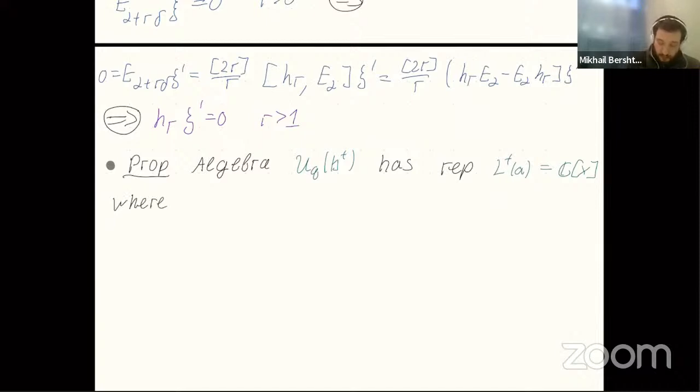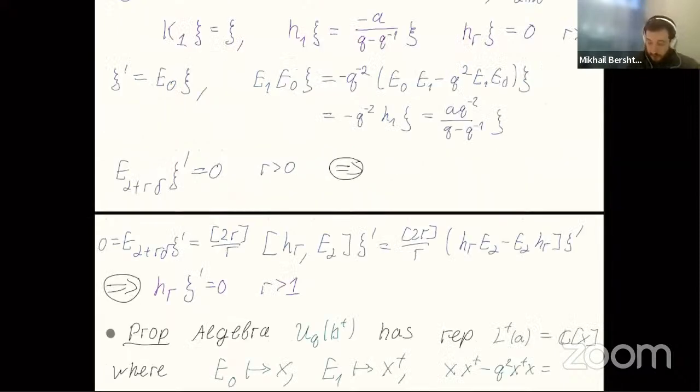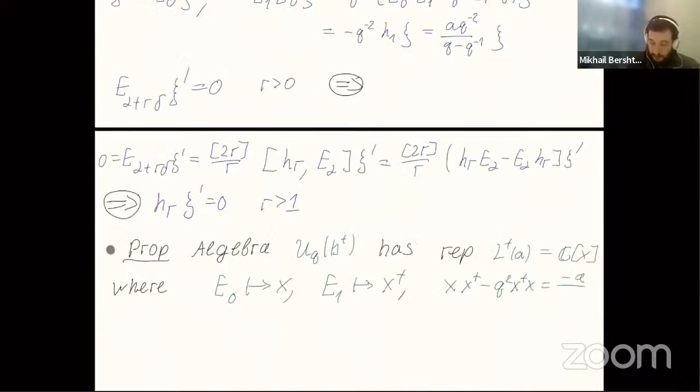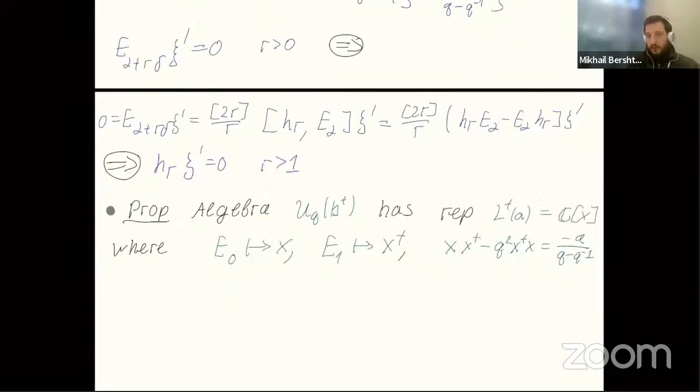So E0 maps to X, E1 maps to the operator X dagger, and we assume the following commutation formula between X and X dagger. This Q commutator is equal to the value of H1. And everything else can be just computed.